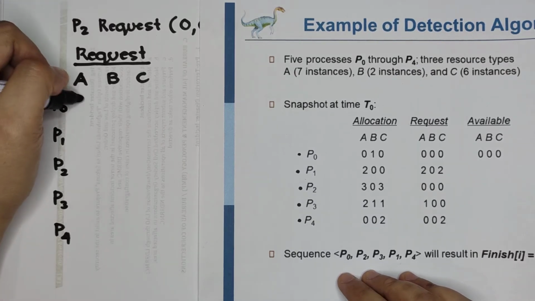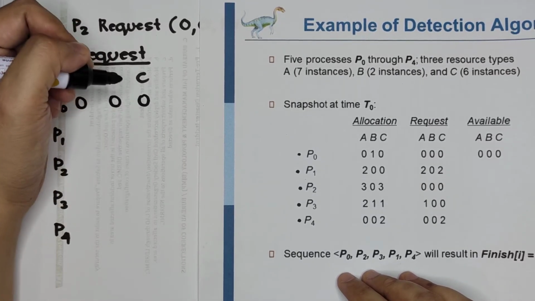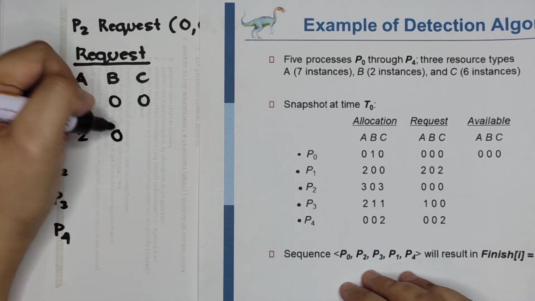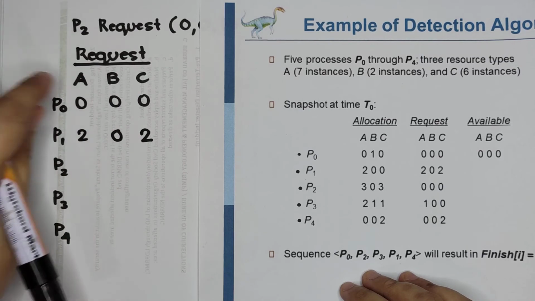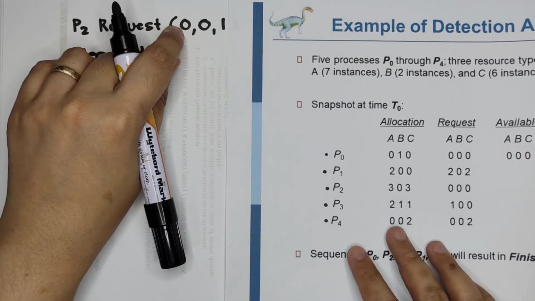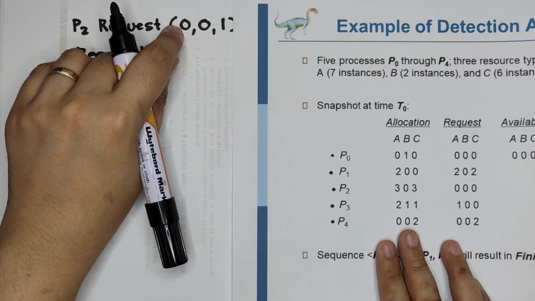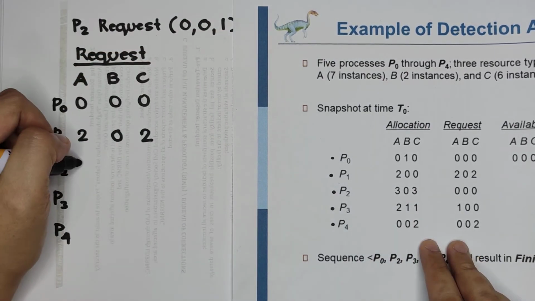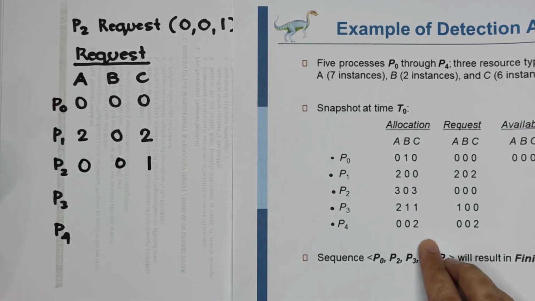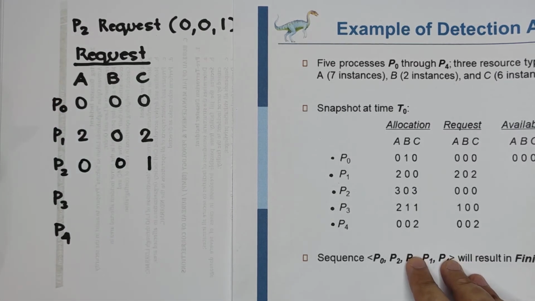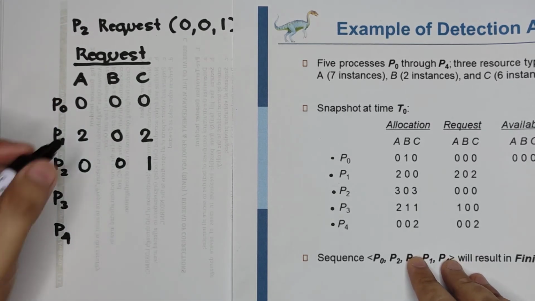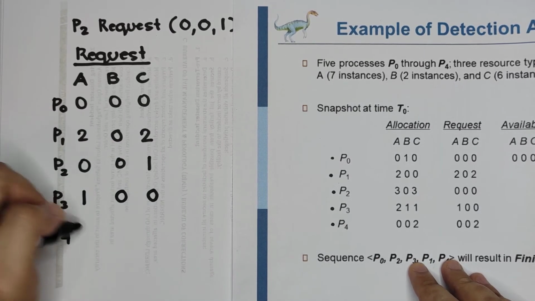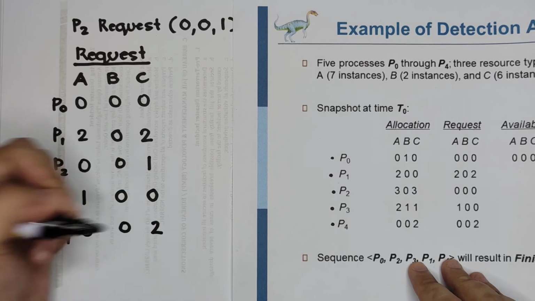For P sub 0 we have 0, 0, 0, and for P sub 1, it does not have any change. So for P sub 2, since the request is an additional C instance, we have 0, 0, 1, so P sub 2 will become 0, 0, 1. Then P sub 3 doesn't have any change, and also P sub 4 is 0, 0, 2.